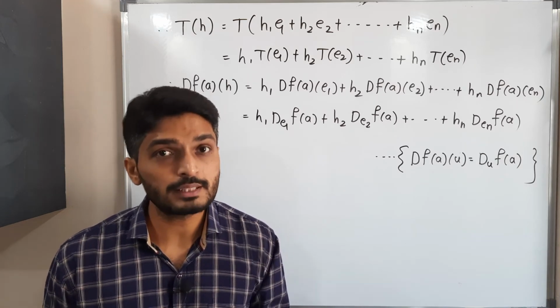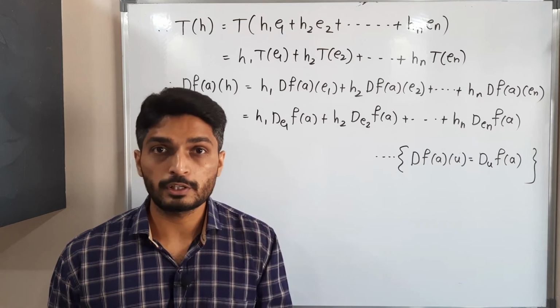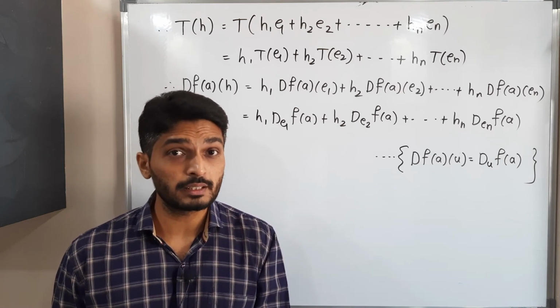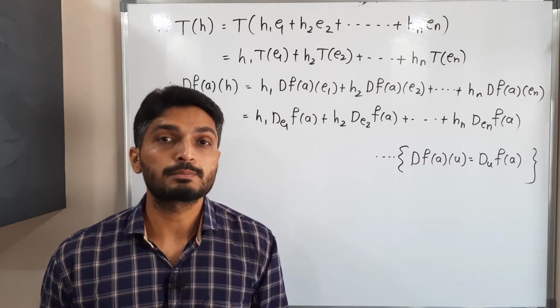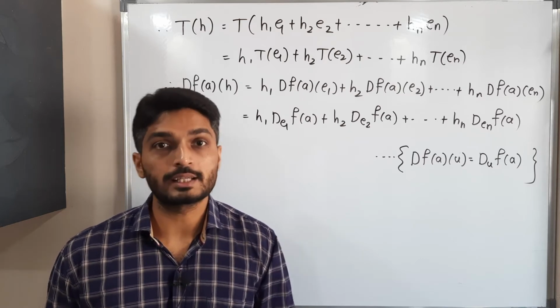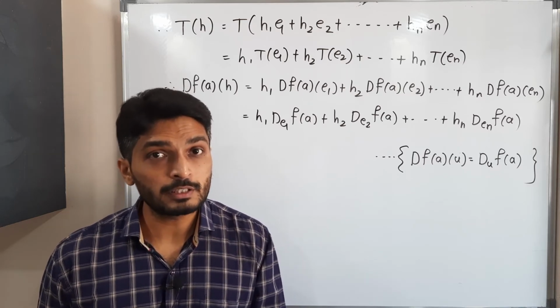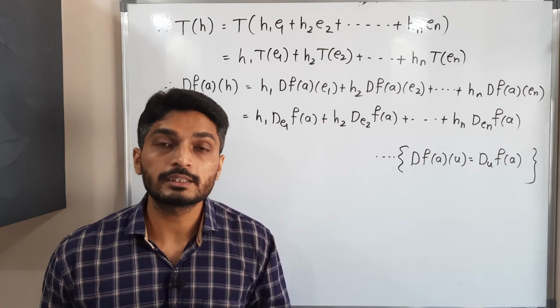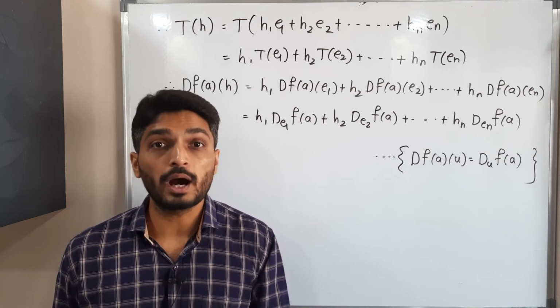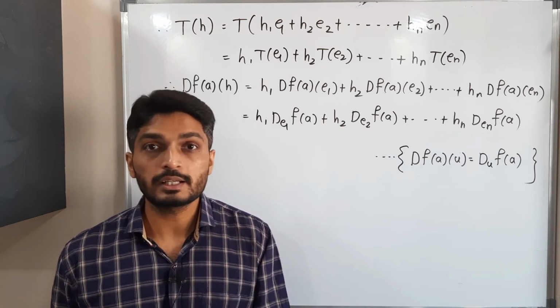But we have a separate symbol for it, that is partial f by partial x, the partial derivative of f with respect to x. The directional derivative in the direction of the positive y-axis is partial f by partial y, and similarly for z, partial f by partial z.